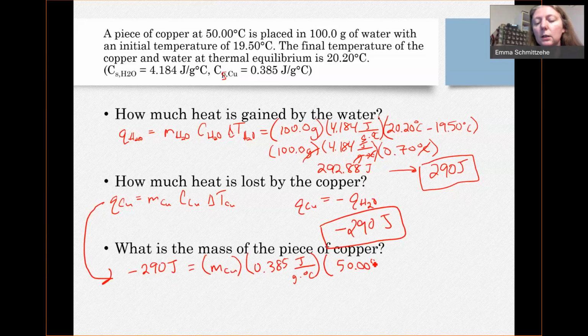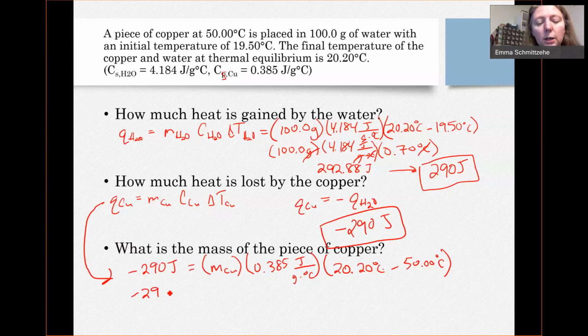50.00 degrees C minus... no, that's backwards. If I plug it in backwards, that's going to really mess up my signs here. It should be final temperature, 20.20 degrees C, minus 50.00 degrees C. Putting the temperatures in the right place does matter.